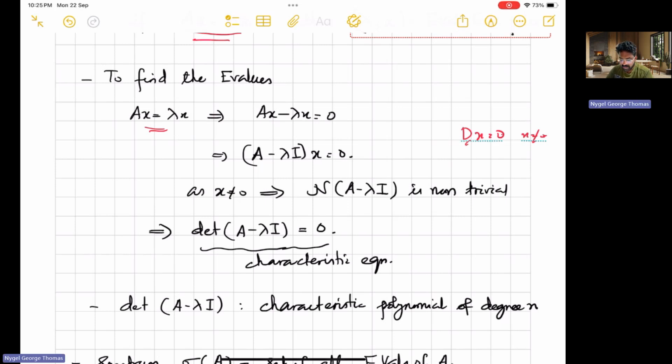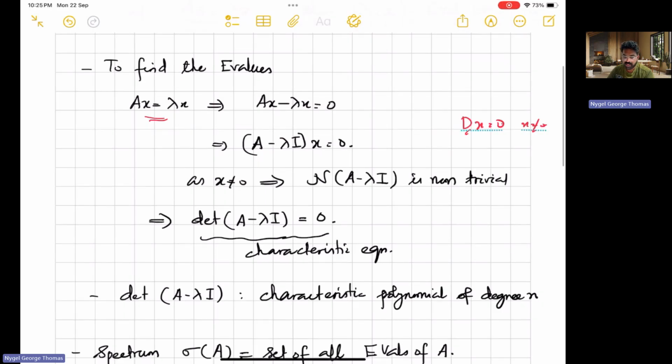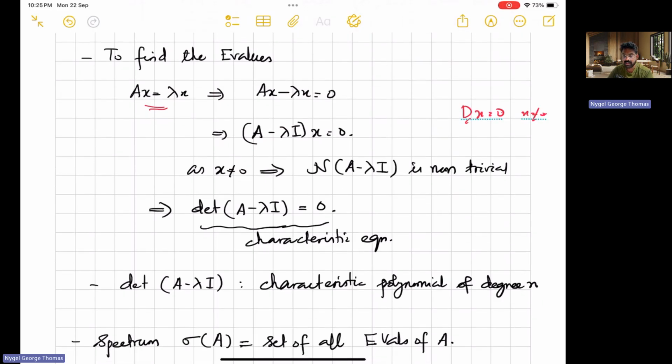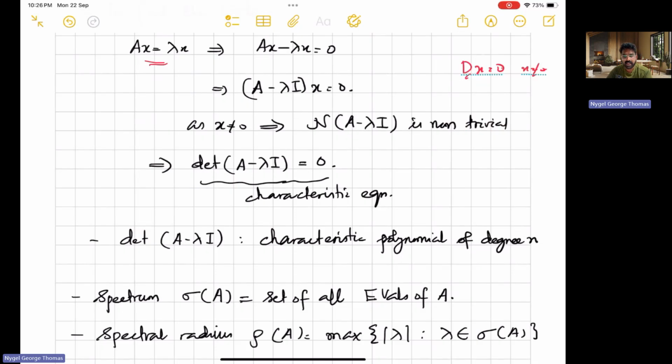Similarly, (A minus lambda I) into x is equal to 0 means that the null space of A minus lambda I is not trivial, which means that A minus lambda I is singular. So if A minus lambda I is singular, its determinant will be equal to 0.